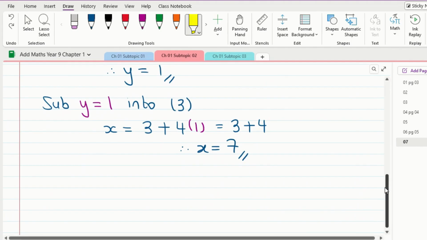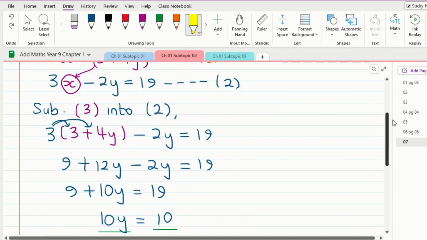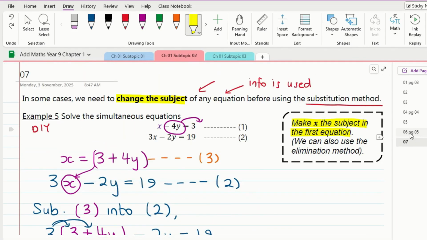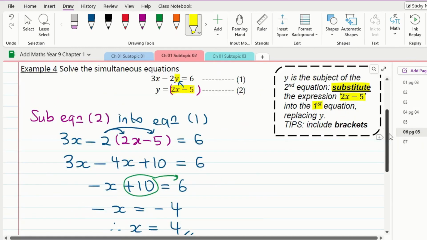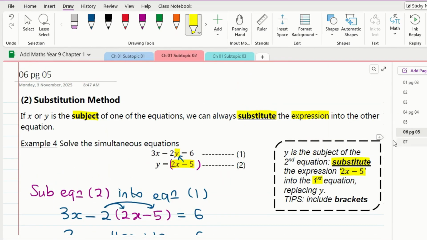Therefore, your final answer is x equals 7. So please keep in mind that for the next topic, the substitution method is very important and you have to master it before you move on and proceed to the next chapter.